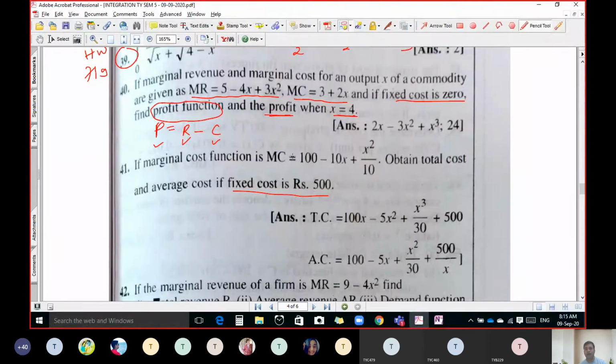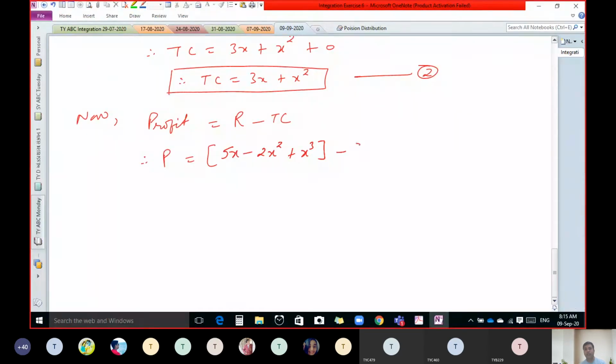This is our revenue, minus total cost, that is 3x plus x square. So this is our profit P.